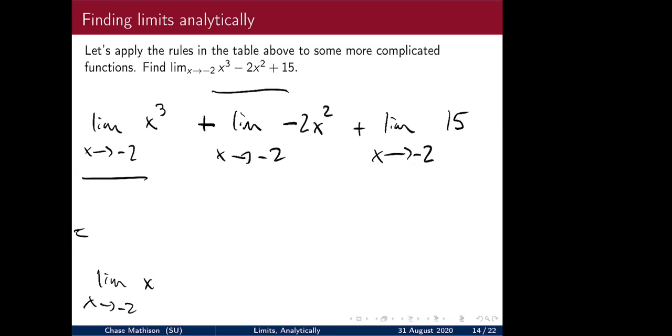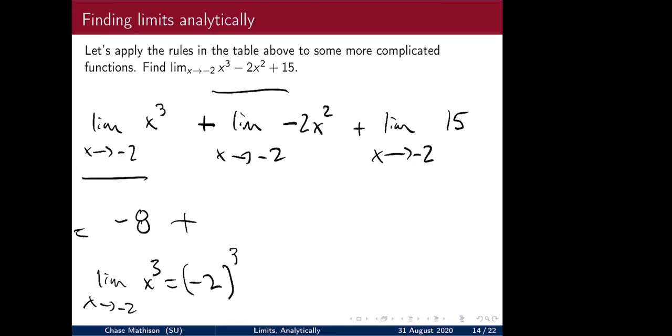You just plug in negative 2. So then I just take the right-hand side to the 3, right? Does that make sense to everybody? So this first bit, I'm going to get negative 2 cubed, which is negative 8, right? Plus.